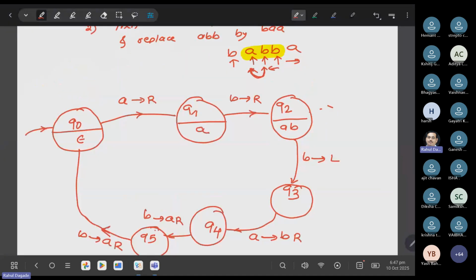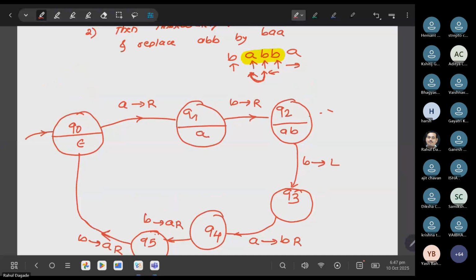And now what is the halting condition? So halting condition is that, so when you get blank in any of the state, that is the halting condition. So for example, in Q0 state, so we have a halt state. So if I get a blank, then no movement.